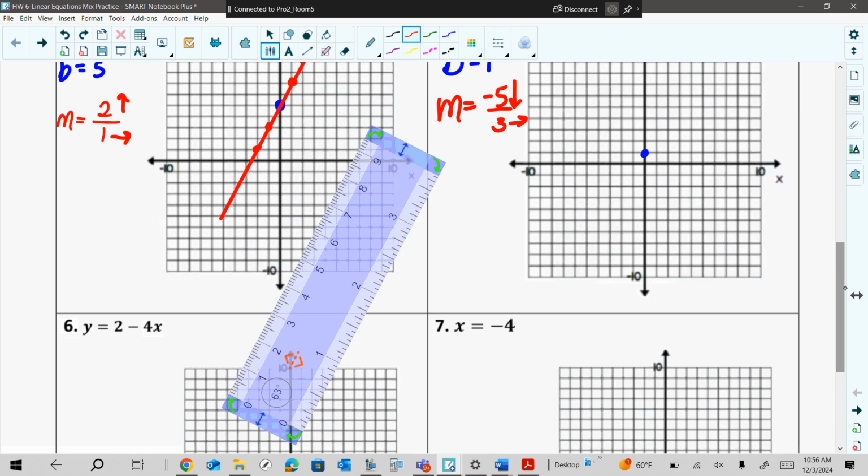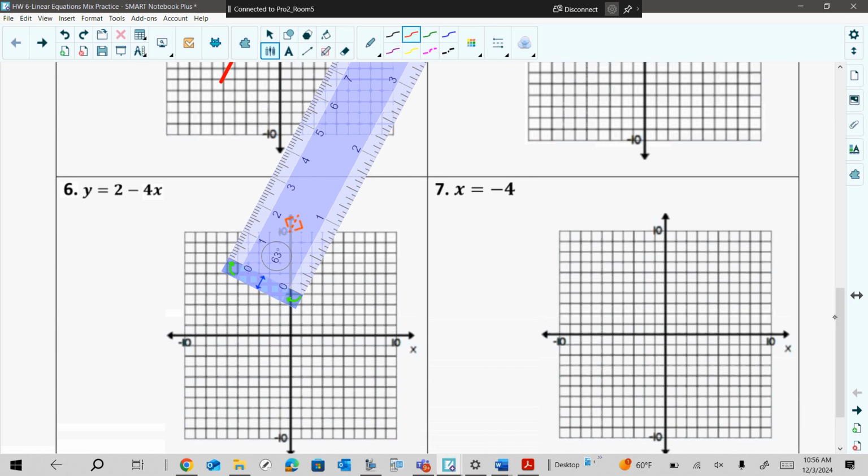Now, let's look at number 6. Let's watch this carefully, because every time we're finding the b and the m. The b is 2. This is written backwards. Remember, your m is always in front of the x, the coefficient of x.